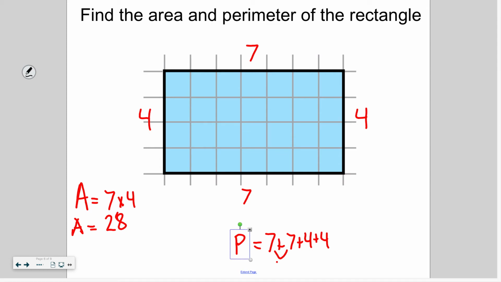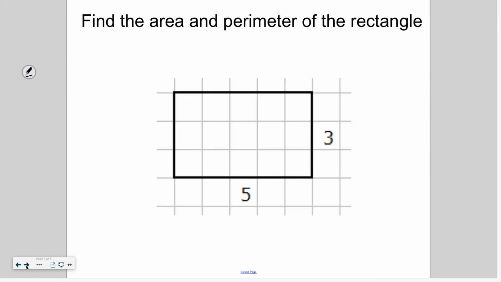I know 7 plus 7 is 14, and 4 plus 4 is 8. What's 14 plus 8? 22. Oops, I forgot to write the unit. 28 square units. Don't forget to write your units as part of the answer, because what does this number represent? 28 square units, not just 28.